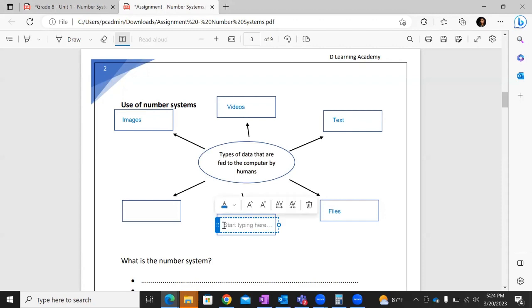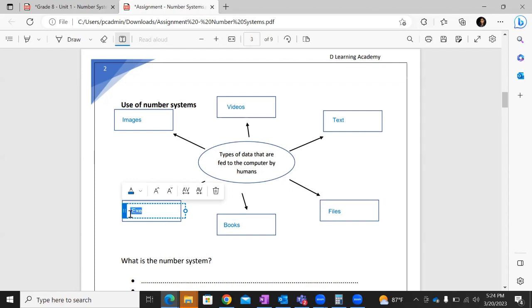What else? We can even get books to be converted, as humans use all of them. Other than that, we can use the executable files, right? So like software, if you're going to install it, you will be getting .exe files.